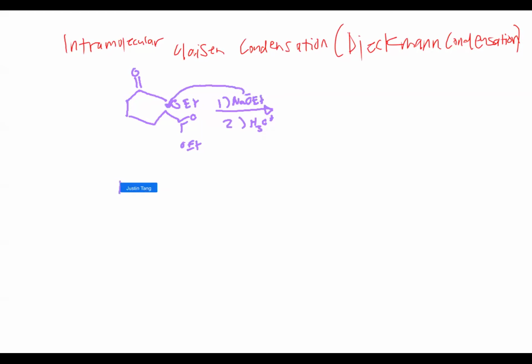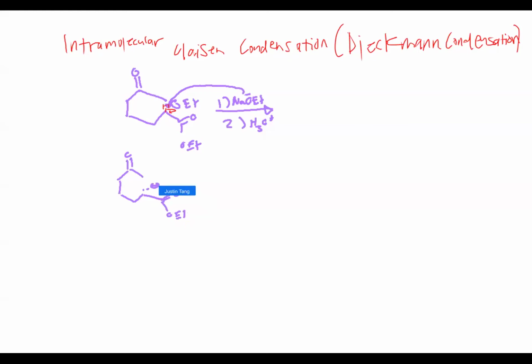I would draw out the hydrogen to make it more clear, and the bond between the carbon and hydrogen. That bond is going to kick off and go to that carbon right there, giving it a lone pair and a negative charge.